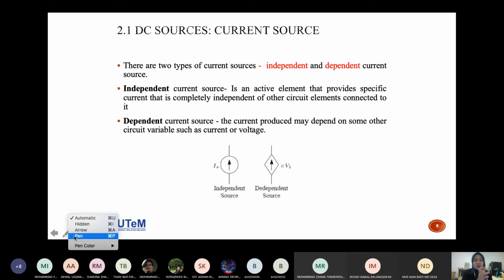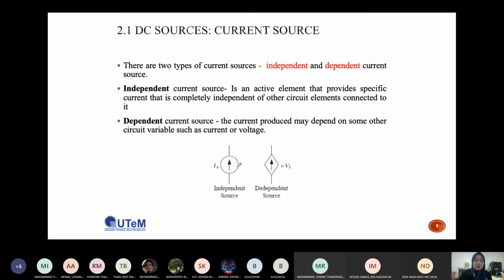So that one is for the voltage source. Now we'll go into the current source. The same as voltage source, current source also has independent source and dependent source. Independent source is independent of other elements. Dependent current source is dependent on the other elements in the circuit.